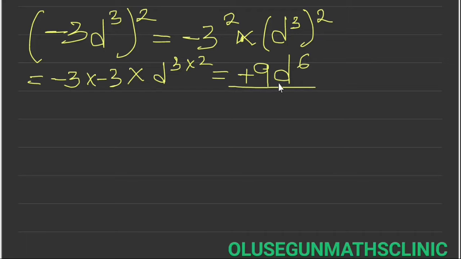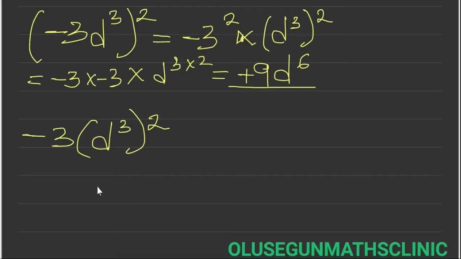Do you believe this is just the answer? As simple as this. Now, for example, another question I'm given in this form. Minus 3, bracket open, d raised to power 3 all squared. Now, my followers, I want you to understand the fact that this bracket only affects d.